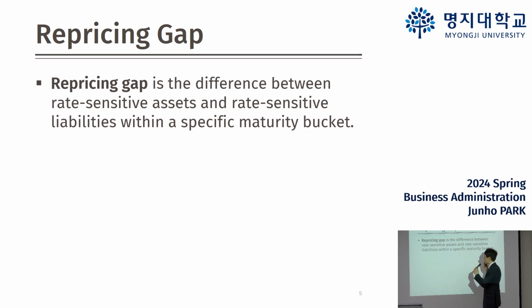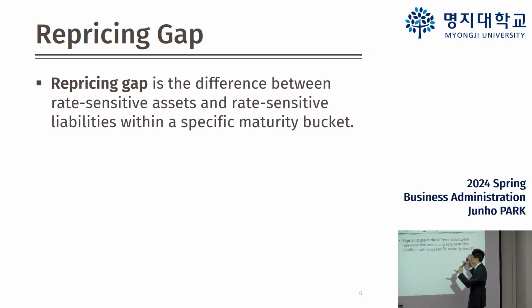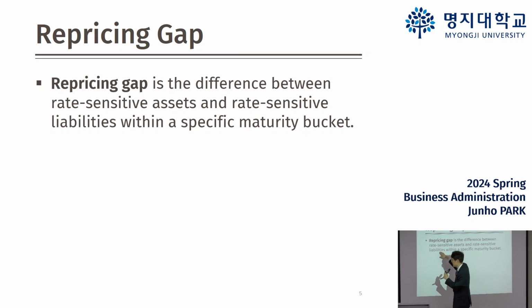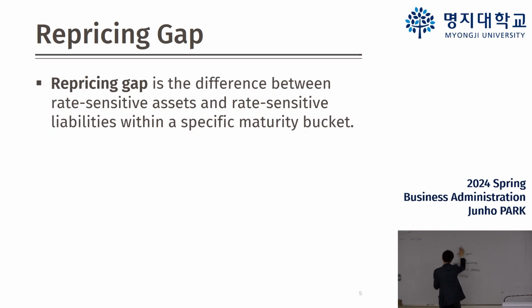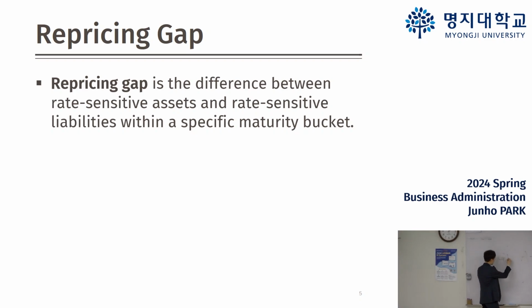We are going to compare the size of assets and liabilities. So we are going to take the difference between assets and liabilities, and we are going to call it a gap.